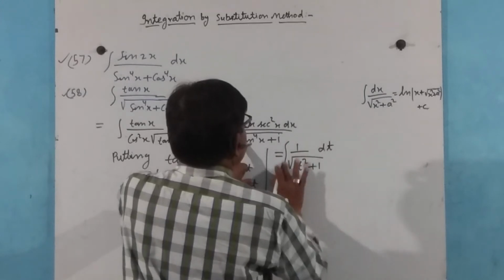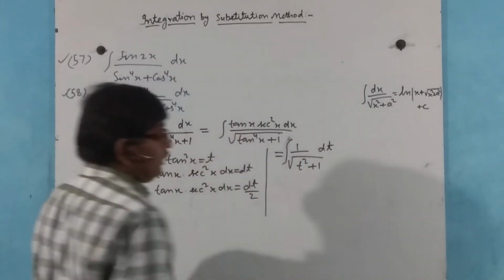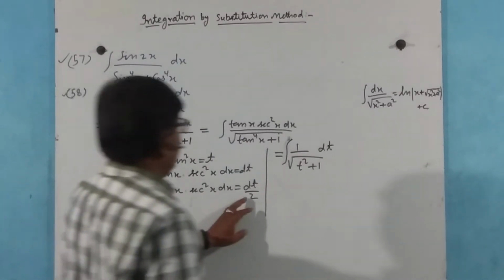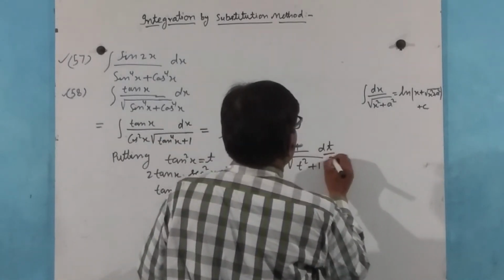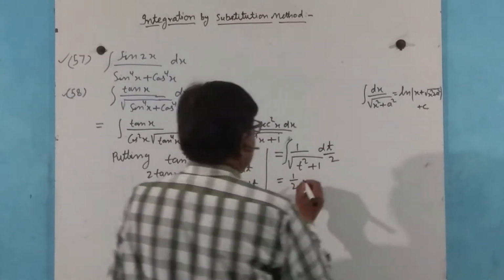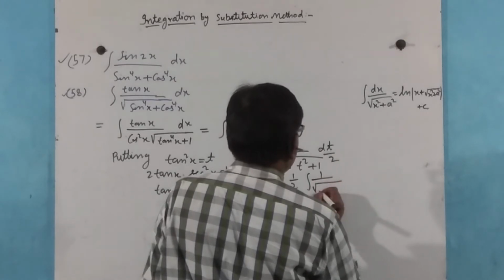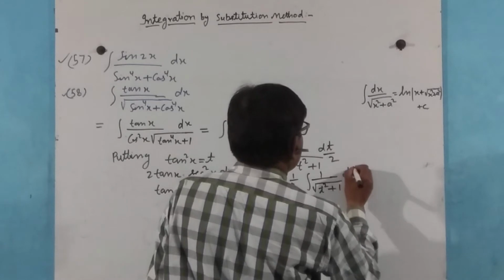So this can be written as 1 by 2 integration of 1 by under root t square plus 1 dt.